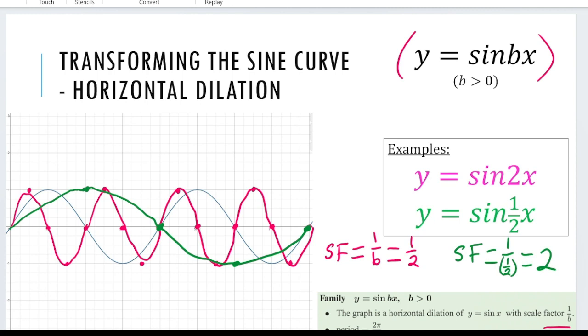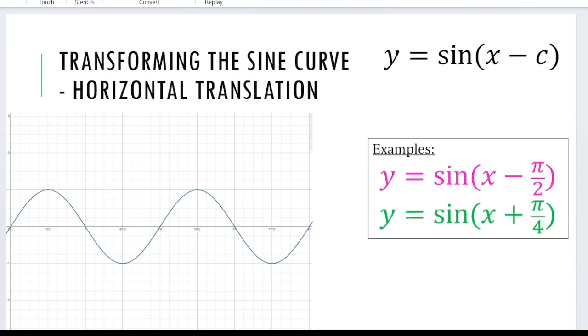So after looking at those two different dilations, we're going to start looking at translation. Now, the actual act of translating is a bit easier in terms of how we draw it. It's just more about interpreting the form of our function.